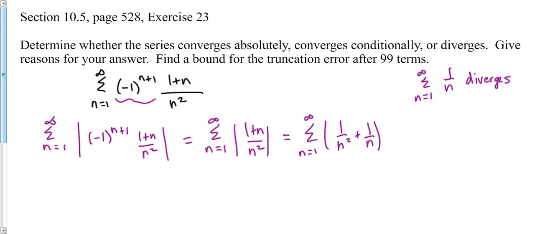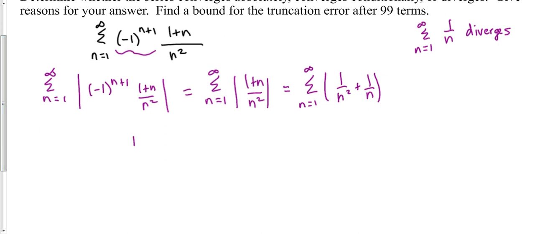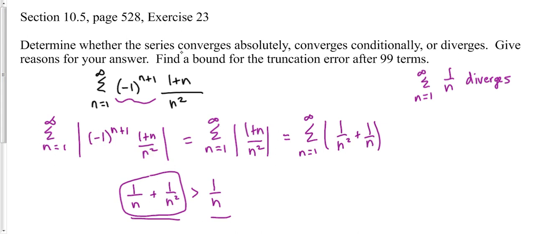So I know that 1 over n plus 1 over n squared is going to be bigger than 1 over n. So if 1 over n diverges, and all of these terms are bigger than the terms in a series that diverges, then that tells me that this series is going to diverge as well. So the answer is we do not have absolute convergence.